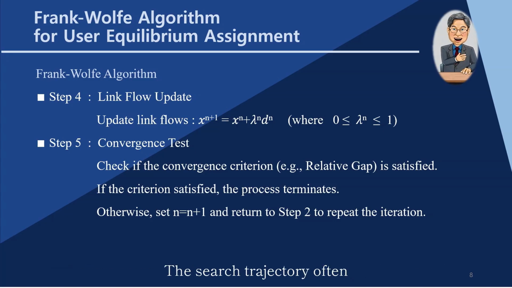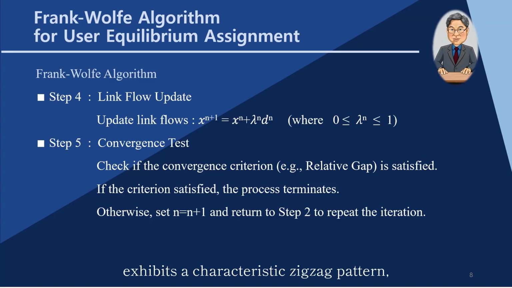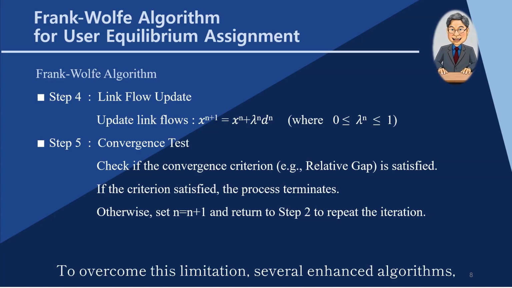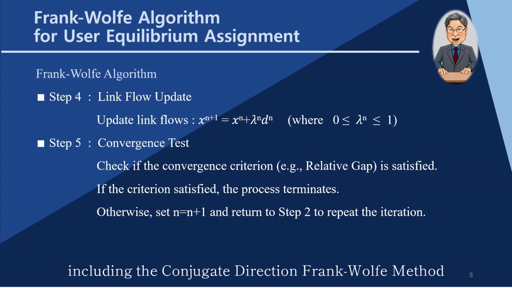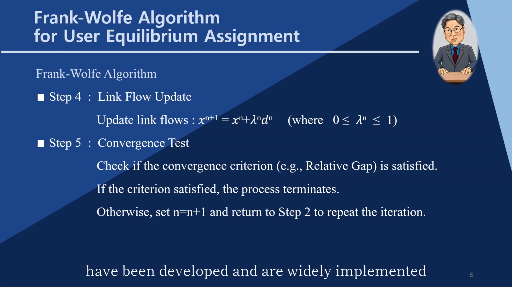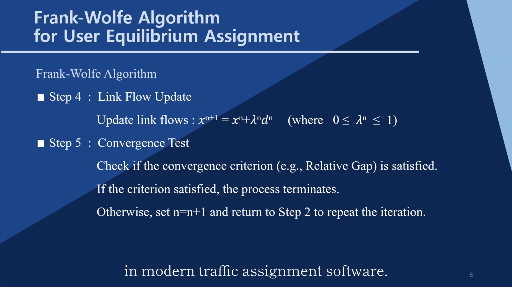The search trajectory often exhibits a characteristic zigzag pattern, causing the convergence rate to slow significantly near the optimum. To overcome this limitation, several enhanced algorithms, including the conjugate direction Frank-Wolfe method and gradient projection method, have been developed and are widely implemented in modern traffic assignment software.